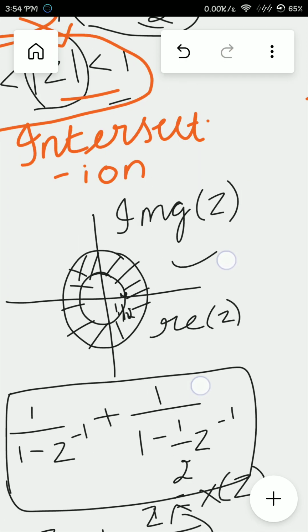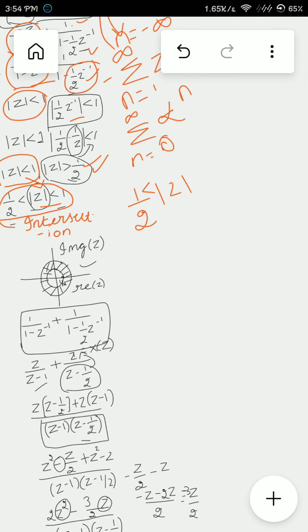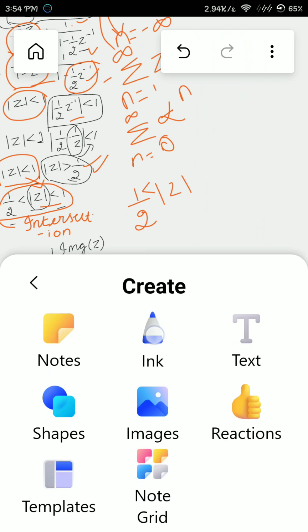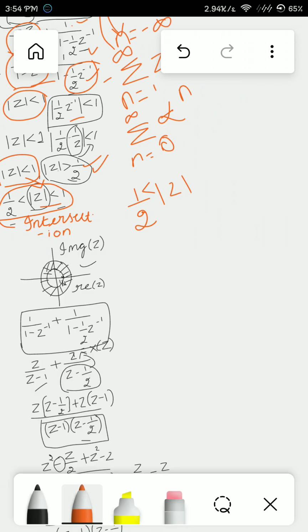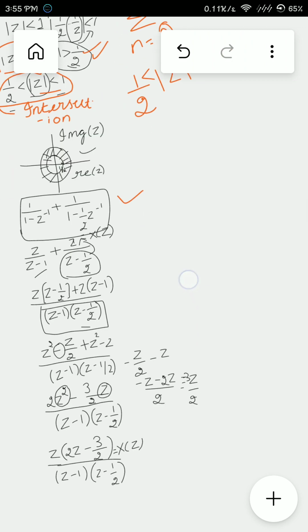And what did we do next? We took the equation we got here and got it in terms of z, so the resultant z is given by this.